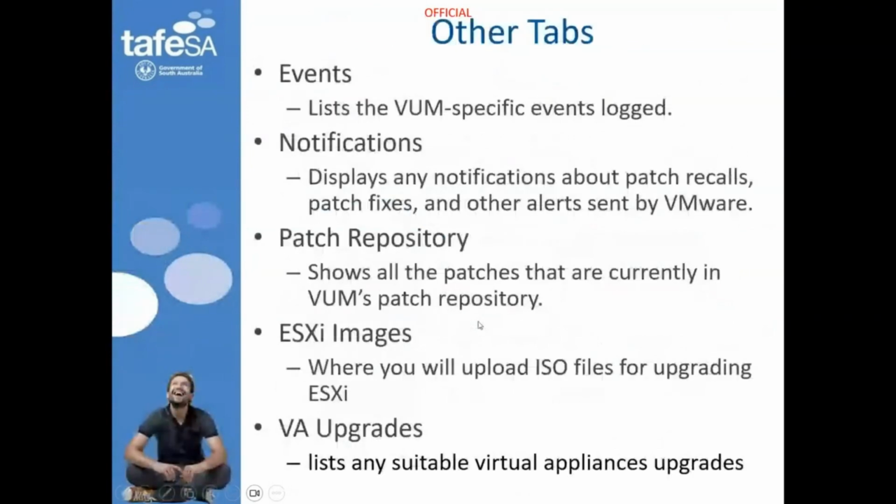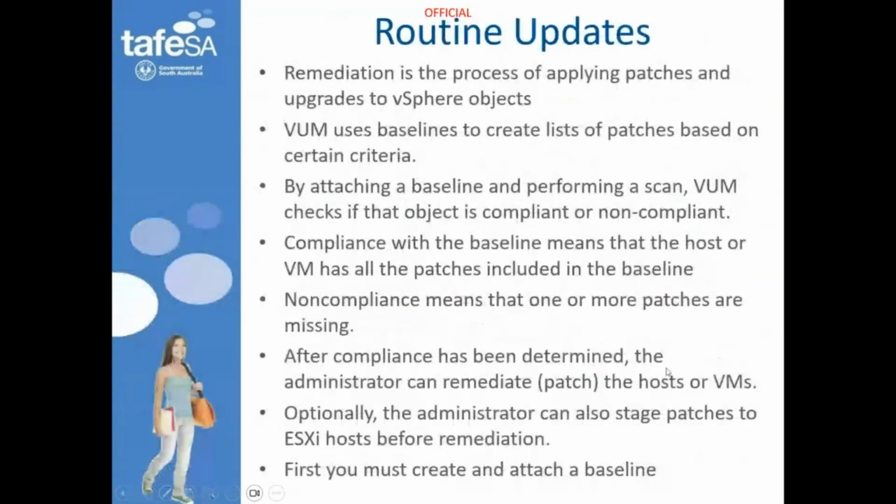Talking about routine updates, like we know, updating should be part of your ordinary practice. So remediation is the process of applying a patch or upgrade to a vSphere object. That's what it means, fix. Remediation means fix. VUM uses the baselines to create a list of patches based on what criteria you've chosen.